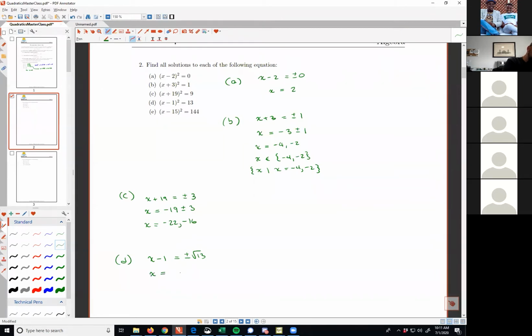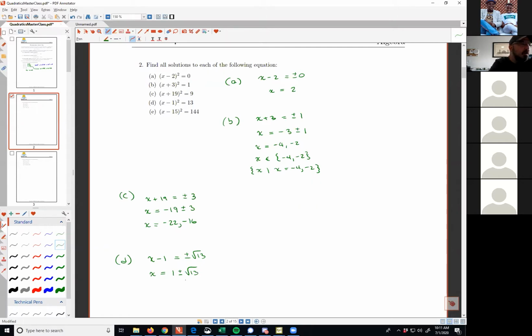And there's no way we can simplify root 13, so it's just x equals plus or minus root 13 minus 1. Close. Oh, plus 1, my bad. We add 1 to both sides, and we get 1 plus or minus root 13.